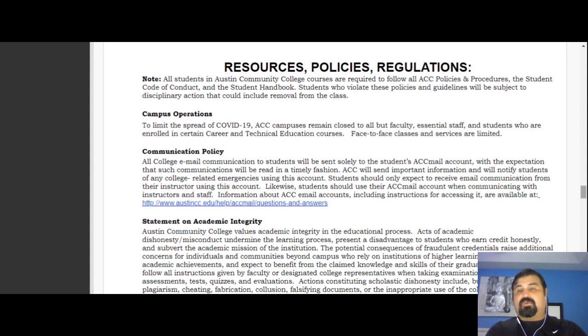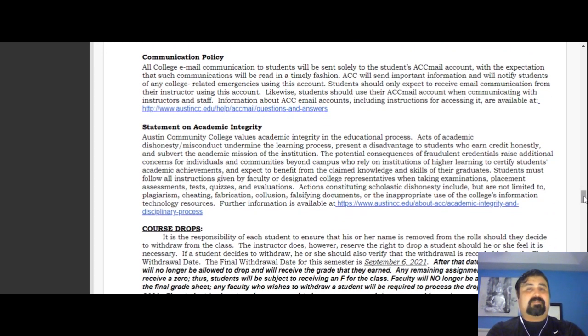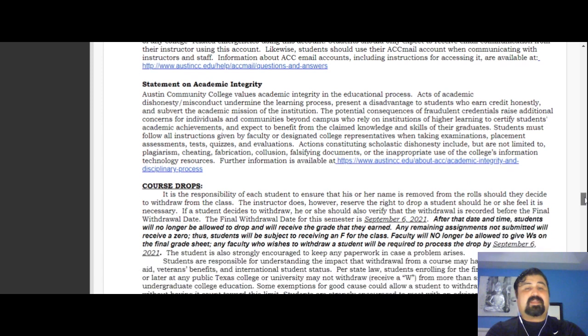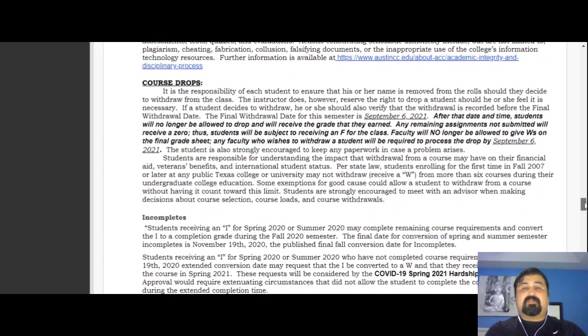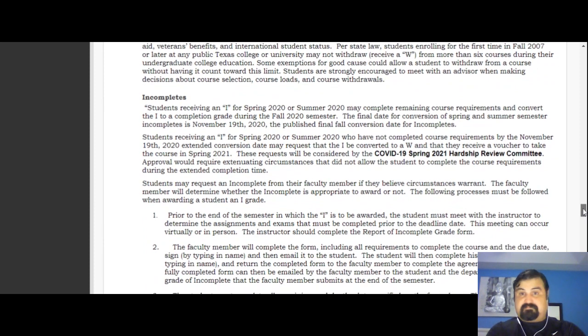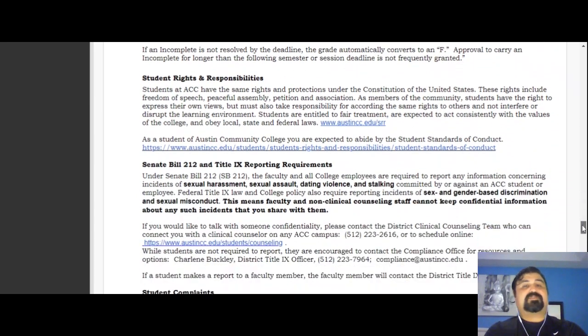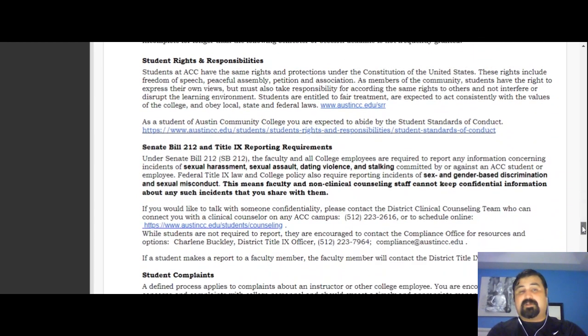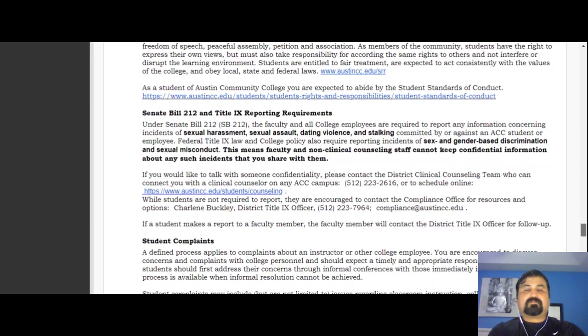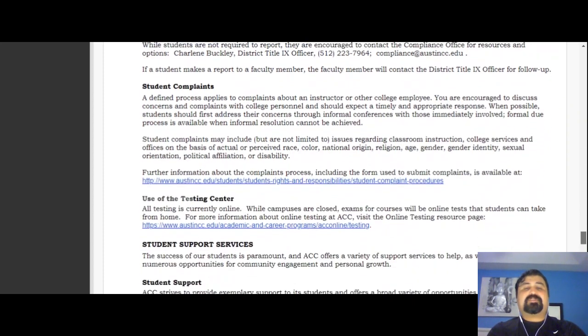Okay, so it tells you about campus operations, communication policies, statement of academic integrity, course drops. If you need information about course drops, again, incompletes. Likewise, this is a place to actually know about the policies regarding incompletes, student rights and responsibilities, student complaints.